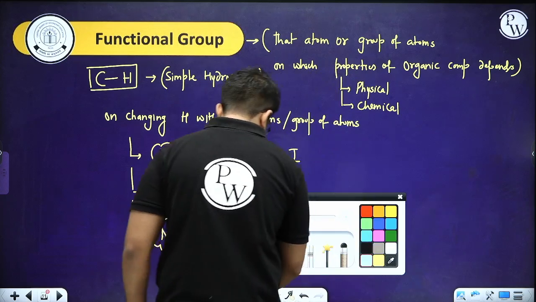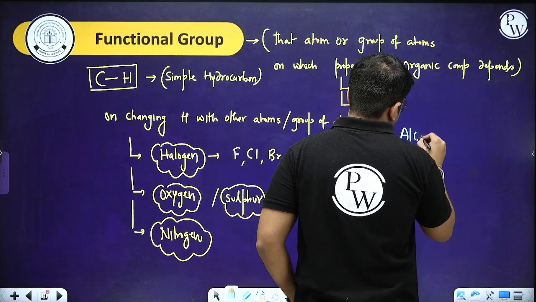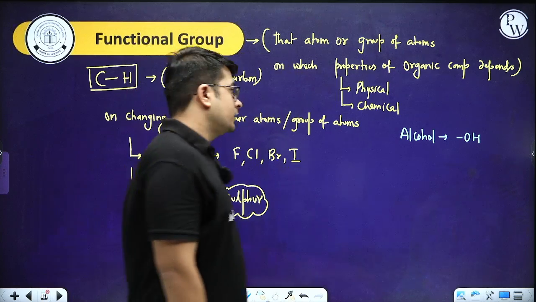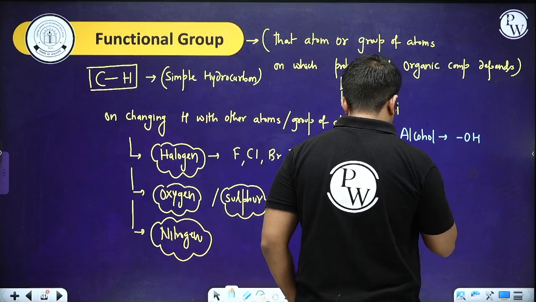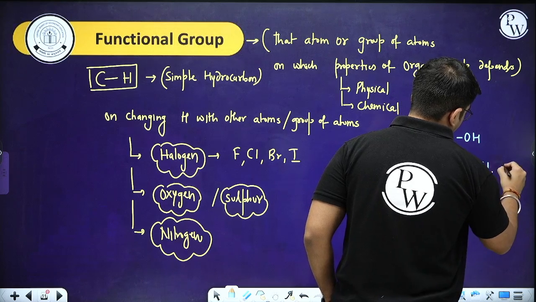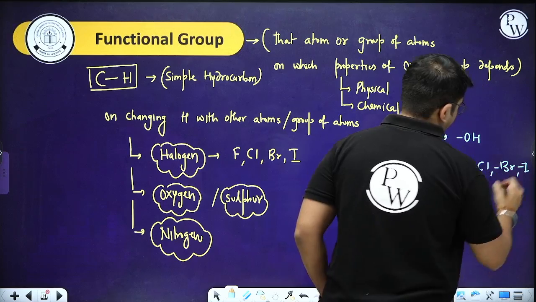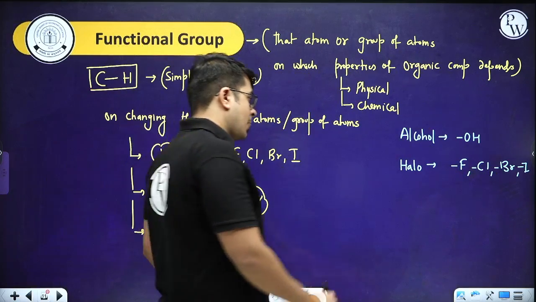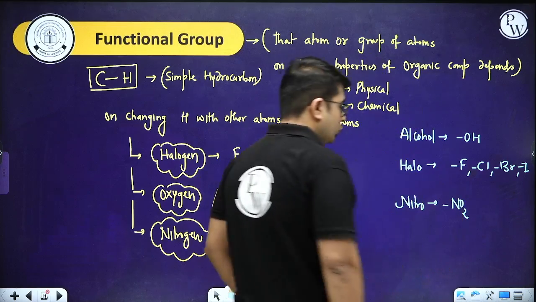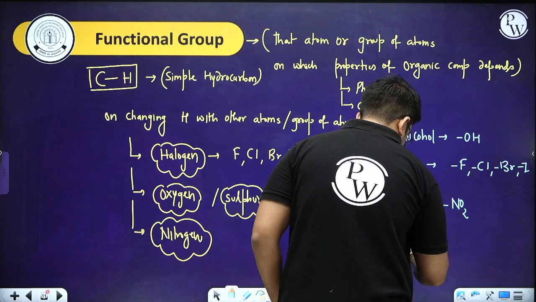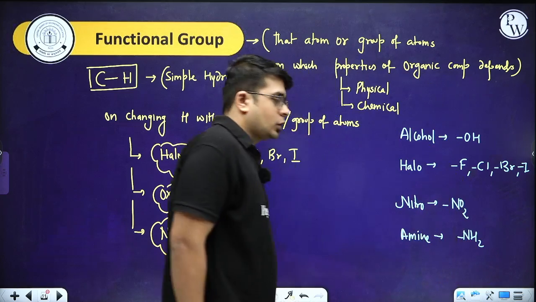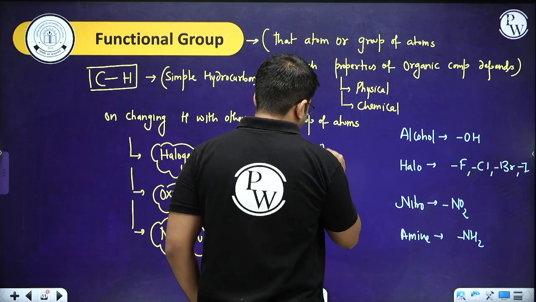You know the concept of alcohol, which is nothing but the presence of the OH moiety. Then halo, which is basically fluoro, chloro, bromo, iodo. In the same way, you have nitro, which is NO2, and amine, which is NH2.